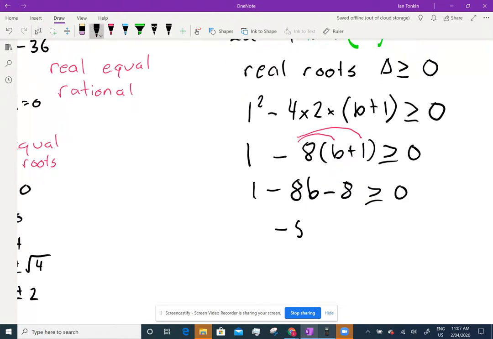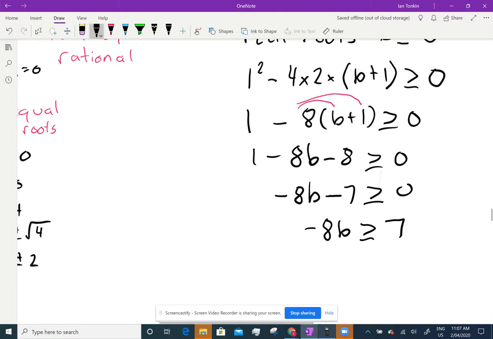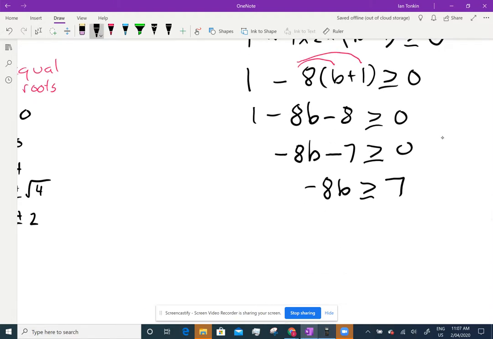Okay, minus 8b minus 7, because remember 1 minus 8 is negative 7, greater or equal to 0. Take the 7 over: minus 8b greater or equal to 7. Divide by the negative 8. Please remember that when you divide by a negative with an inequality, you change the direction.